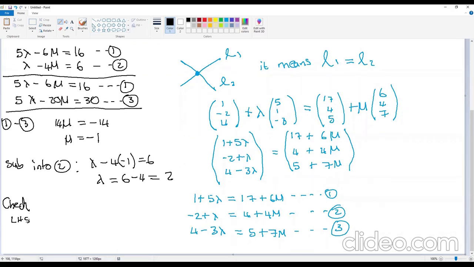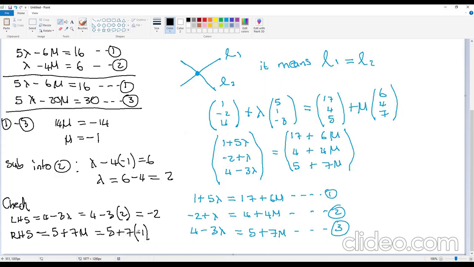Left-hand side is equal to 4 minus 3 lambda. My lambda is 2. We get 4 minus 6, which is minus 2. Let's check the right-hand side. The right-hand side will be 5 plus 7 mu. Mu is minus 1. 5 minus 7 is equal to minus 2.